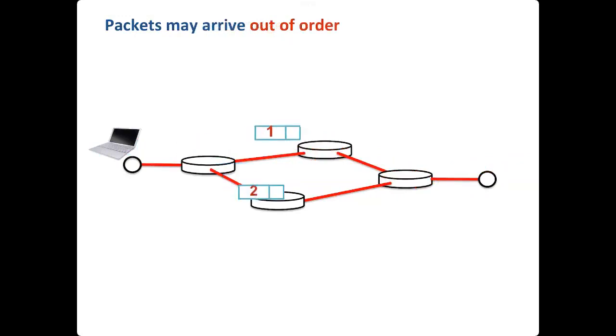Now the second packet will reach first. Now what can be done? If you play this packet first, assuming that you have a video player, second packet first and first packet second, then the picture may look damaged, right?